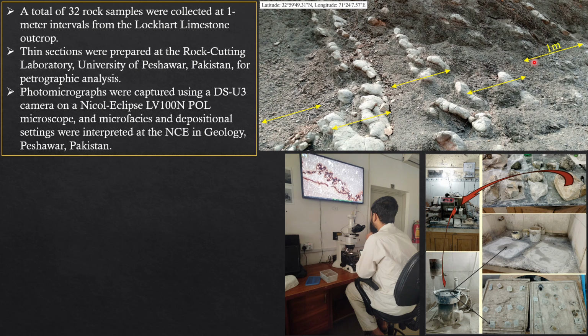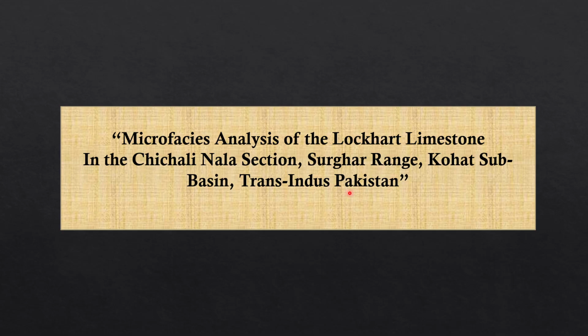Limestone is taken because we mostly focus on thin section analysis, so only the nodular limestone we kept and studied at the National Center of Excellence in Geology. Before this, we created 32 thin section plates and studied them one by one.